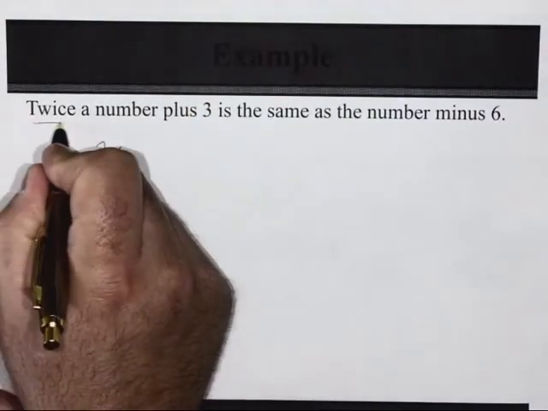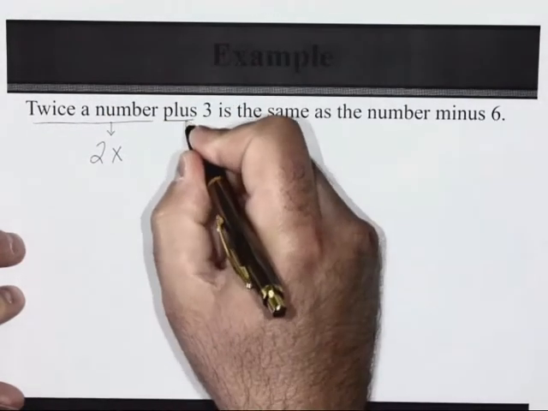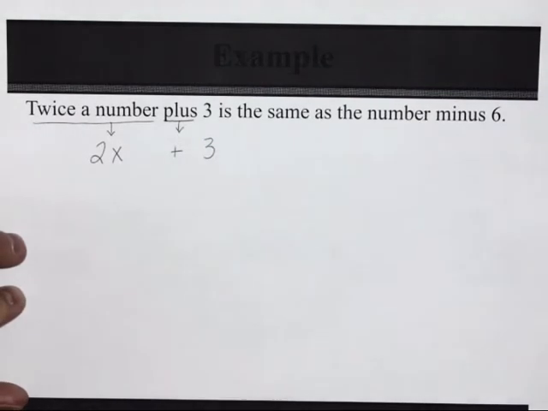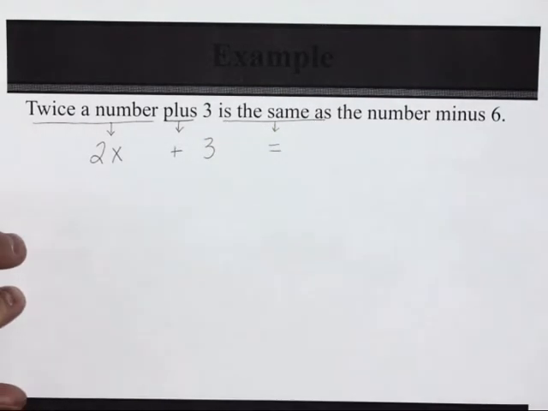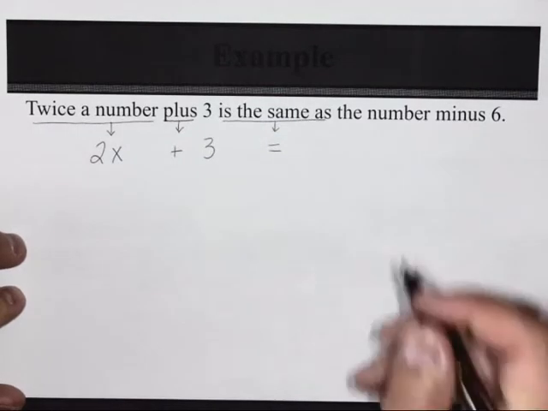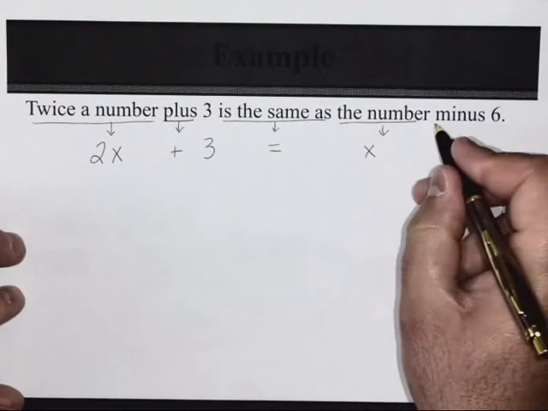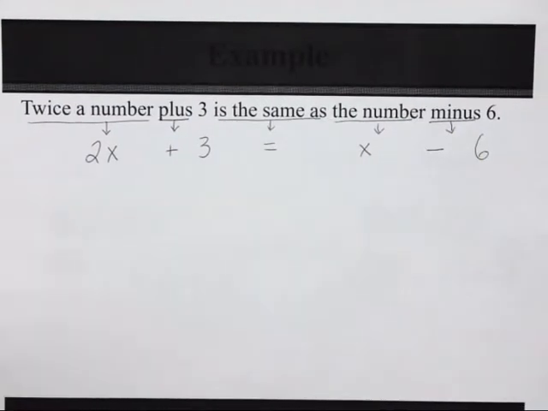So twice a number, that's 2x, plus 3, so plus means addition, is the same as equal sign the number x minus, subtraction, 6. So 2x plus 3 equals x minus 6. So that's what this sentence would be in the math language.